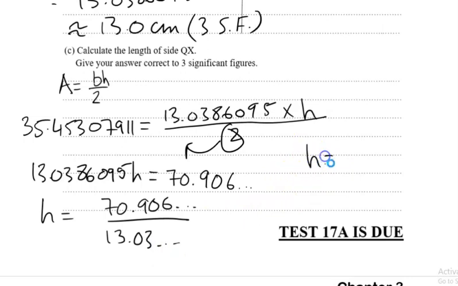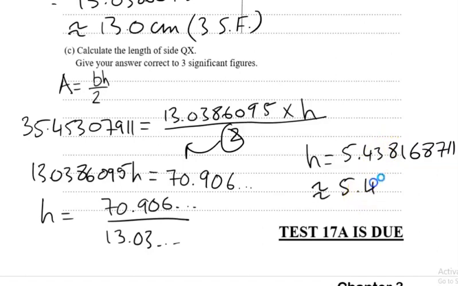So h is going to equal 5.438168711. Now we need to round it to 3SF. That's going to be 5.4. So do we round the 3 up? We do, because the number after it is 5 or more. So 5.44 centimeters.